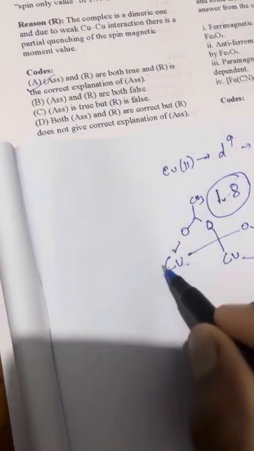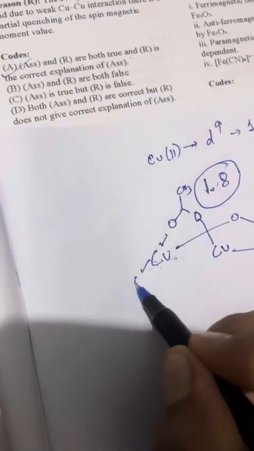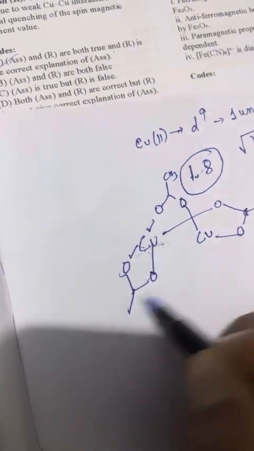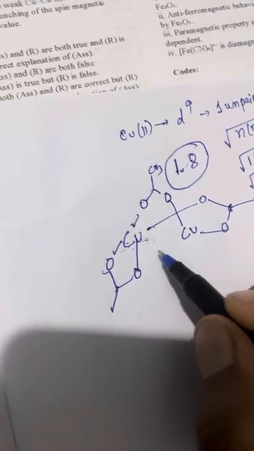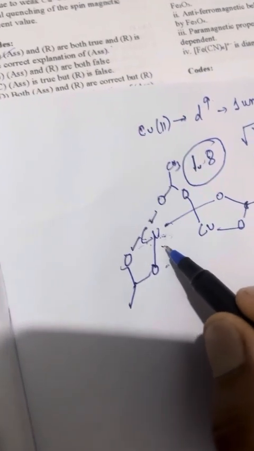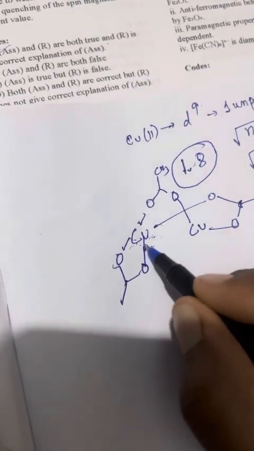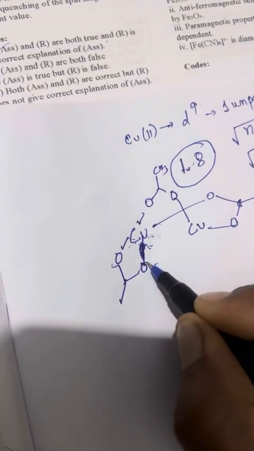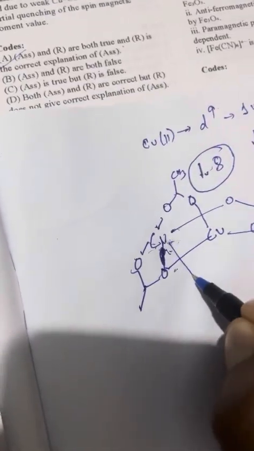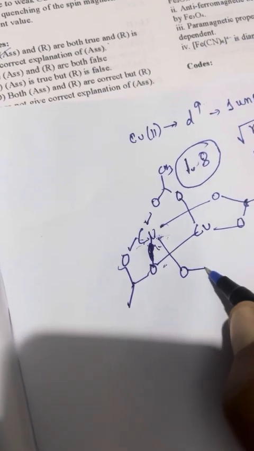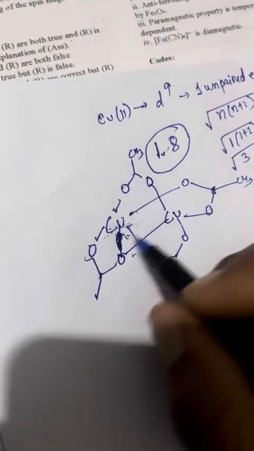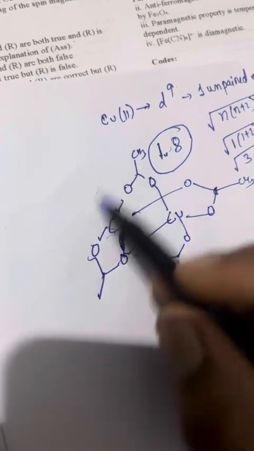For this also you can draw O, and then, sorry, this will not attach here, this will attach to another copper. In this way it will go. Similarly you can draw the dimeric form here, right?